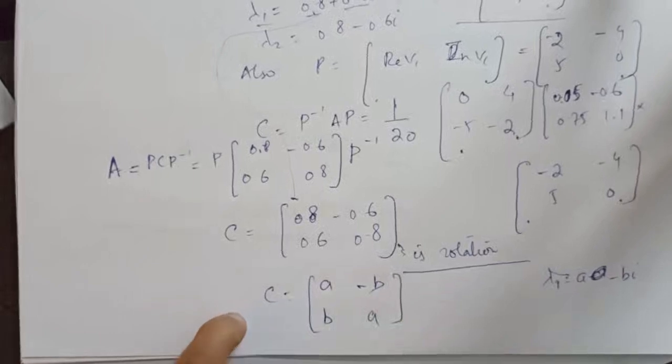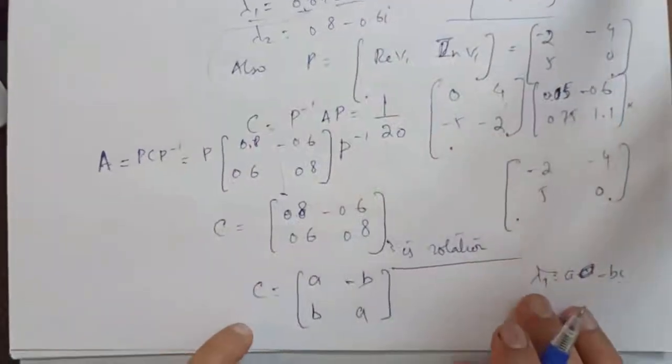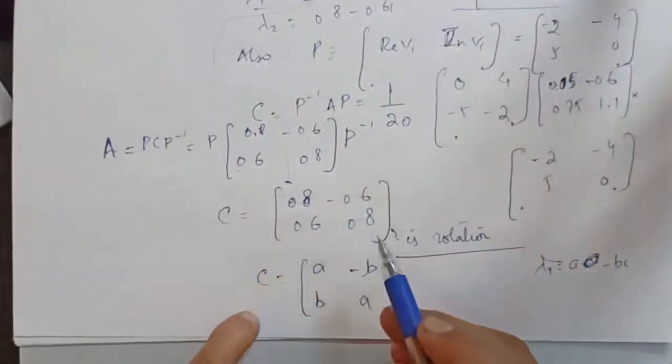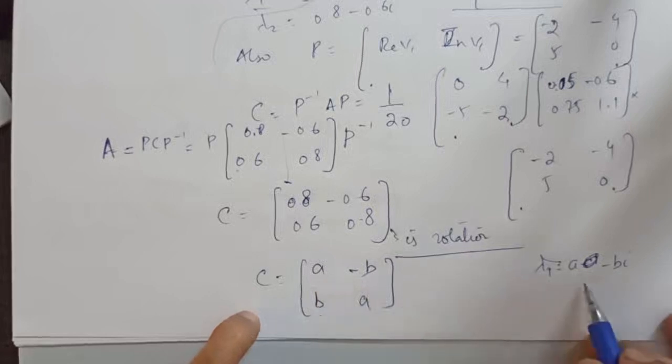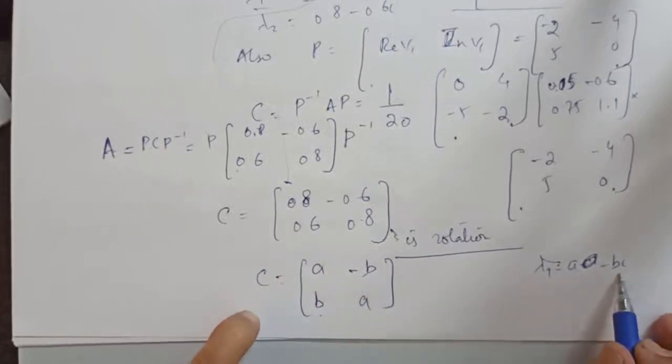Okay, now again, I can write the C matrix as [A, -B; B, A], where the eigenvalue lambda 1 is equal to A minus Bi.